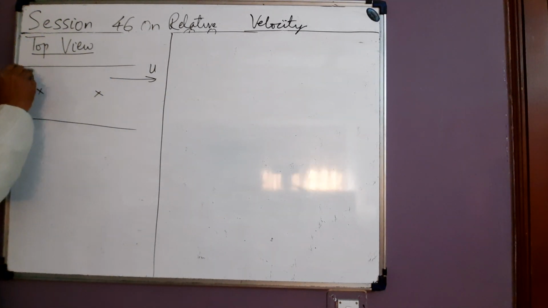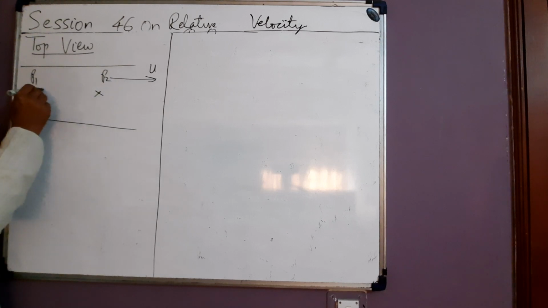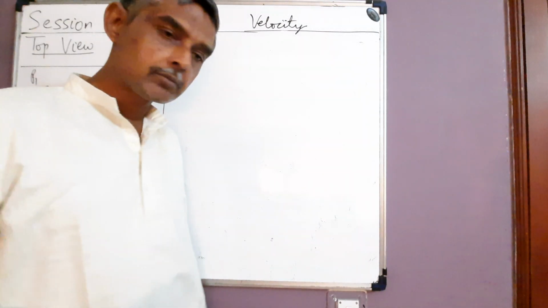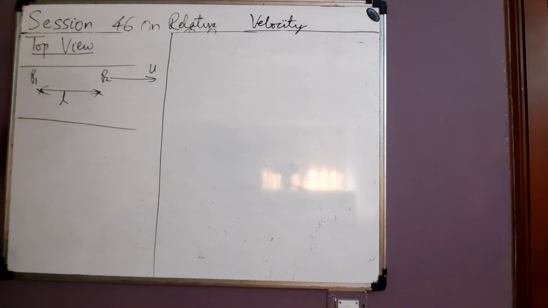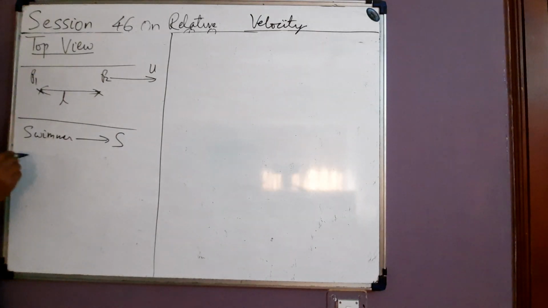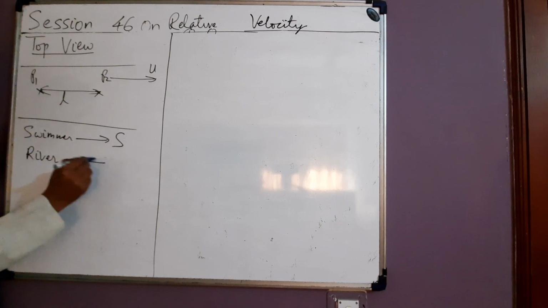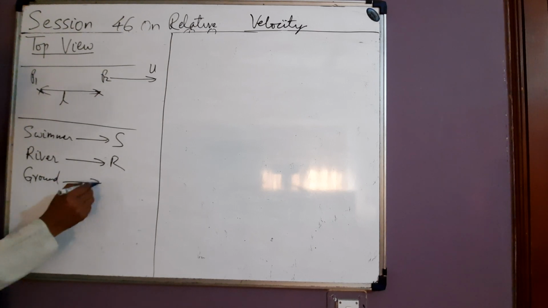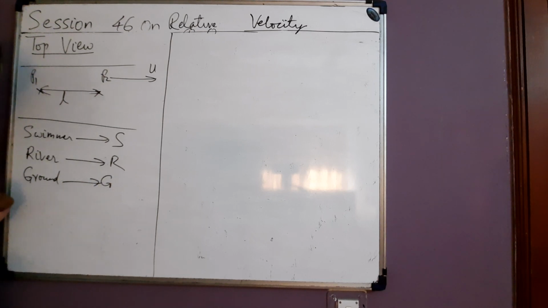P1 and P2 are two vertical poles fixed in the river bed, separated by a distance L, and P2 is due east of P1. Now we identify the frames and object. The object under consideration is swimmer, which is denoted by S. Instead of frame M, we have the river frame, which is denoted by R. Instead of F, we have ground frame, denoted by G.